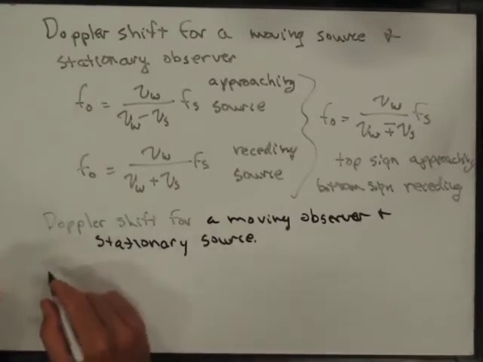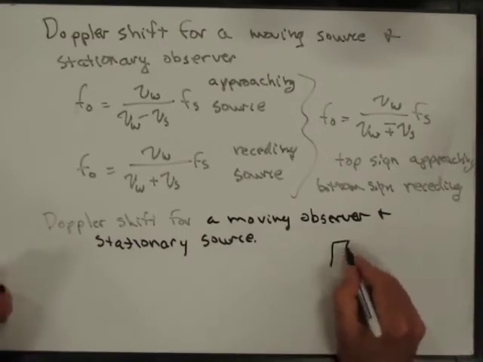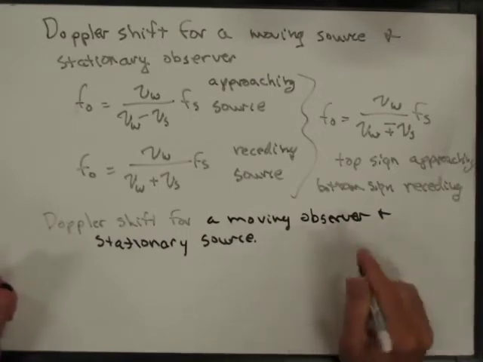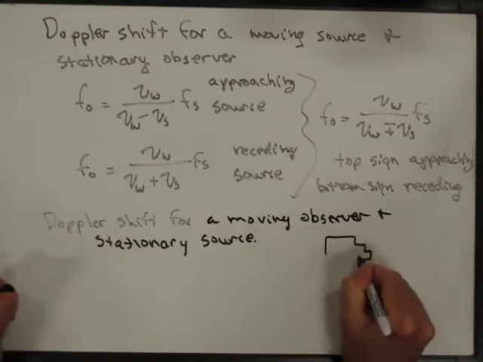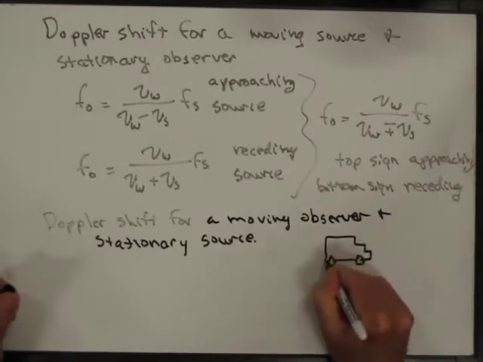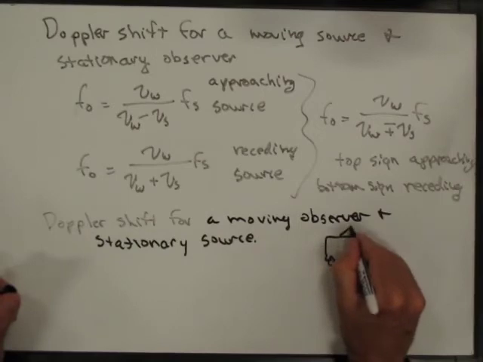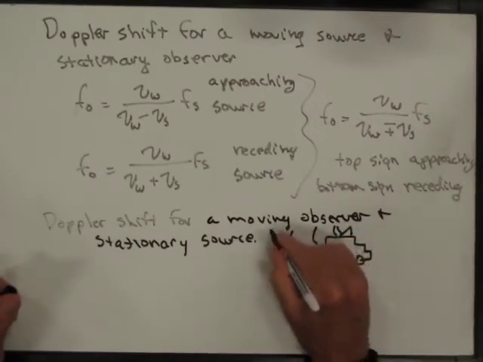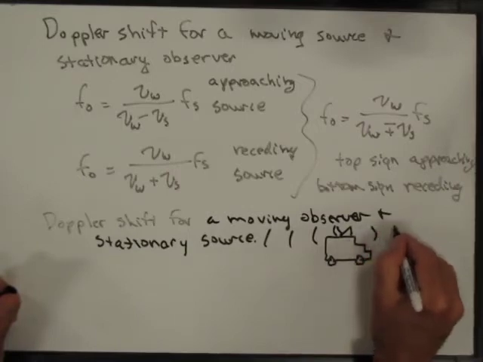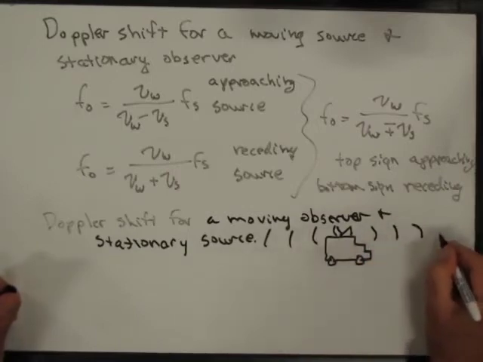So now my ambulance, let me draw a better ambulance, is just stationary. It's got speakers on the back, and so it's putting out equally spaced waves in the forward direction and backward.